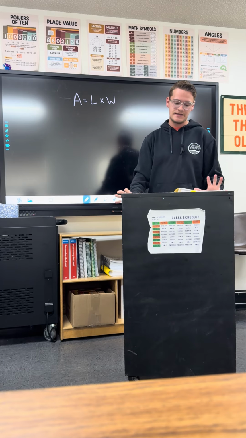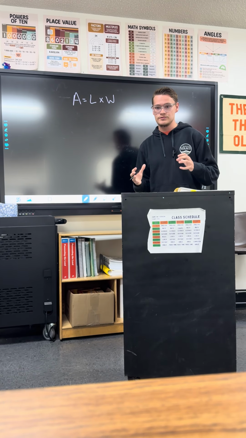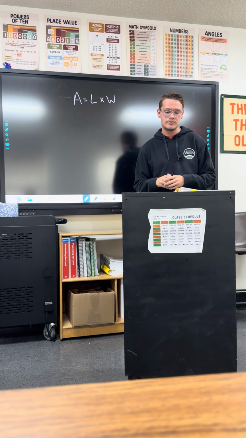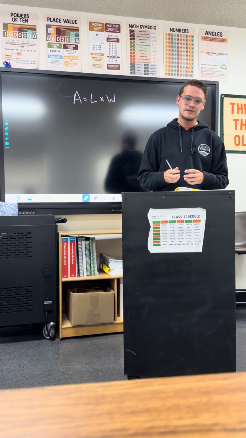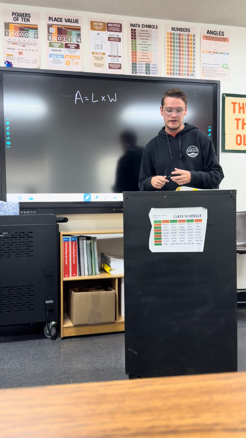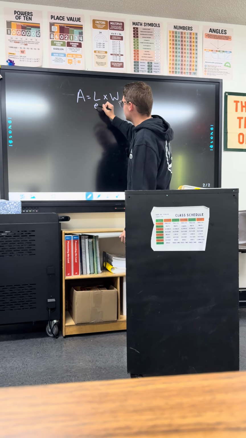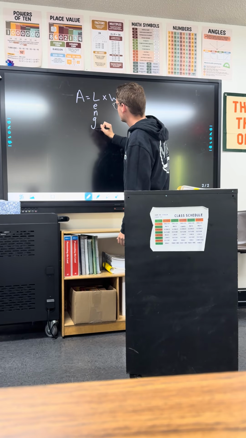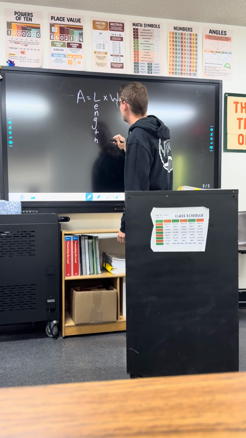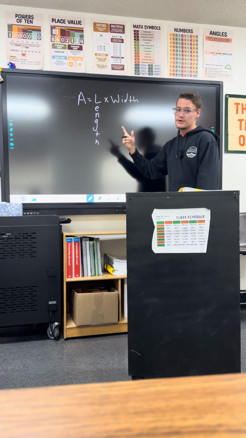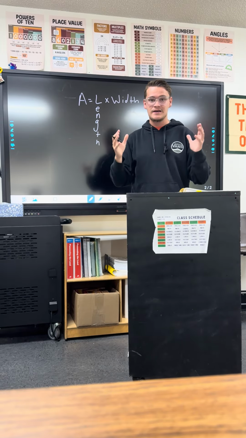And I will say this is kind of the generic formula that you will always use unless it specifies otherwise. We're going to learn a couple other formulas this year, but overall this is going to be the main one to use. So it's going to be very important that you go ahead and dial it in. The L in area means length, and the width is W. And I wrote them this way because that is also how you're going to see these presented.